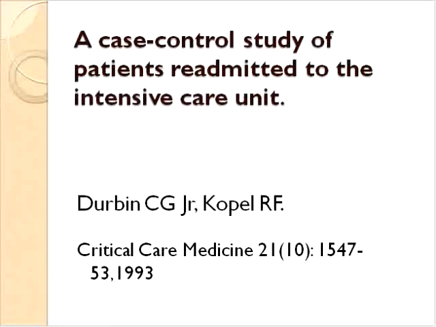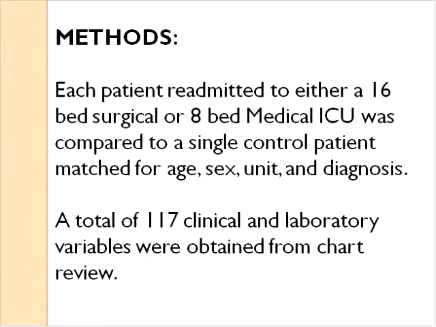So what we did was we created a matched patient for every patient in our study, and that's called the case control method. So we looked at every patient readmitted either to my surgical intensive care unit, which I was running in those days, or an 8-bed medical intensive care unit, and we picked a single patient who had the same age, same sex, same unit, and same diagnosis.